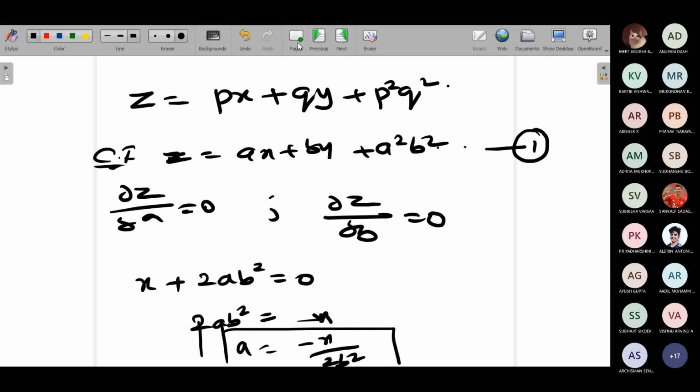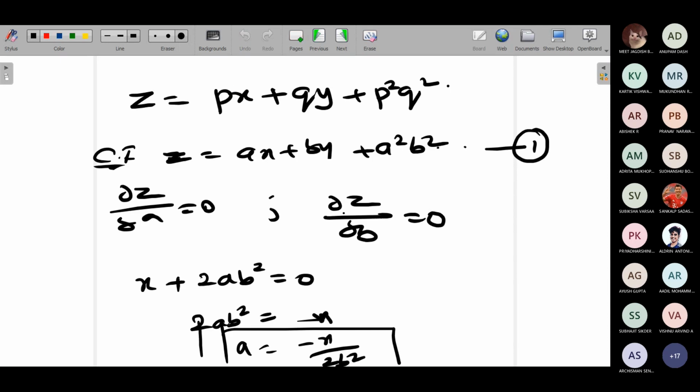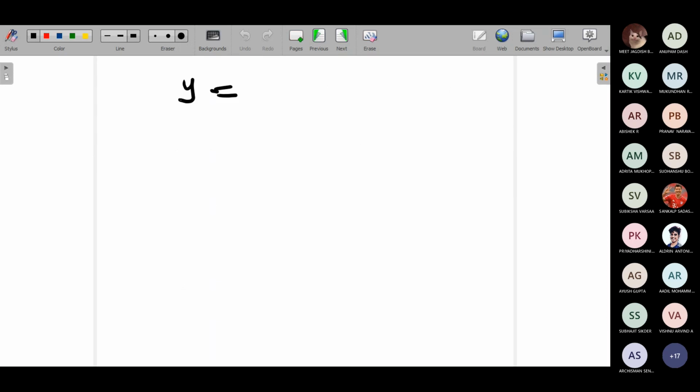Similarly, differentiate this partially with respect to b. When you differentiate it partially with respect to b, you will get y plus a square into 2b equal to 0.